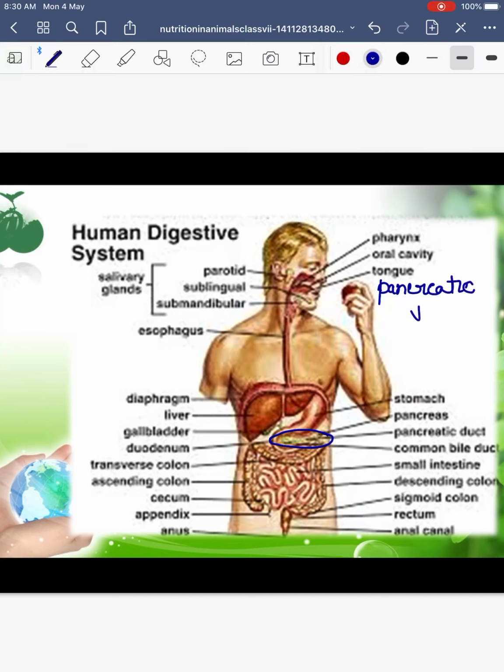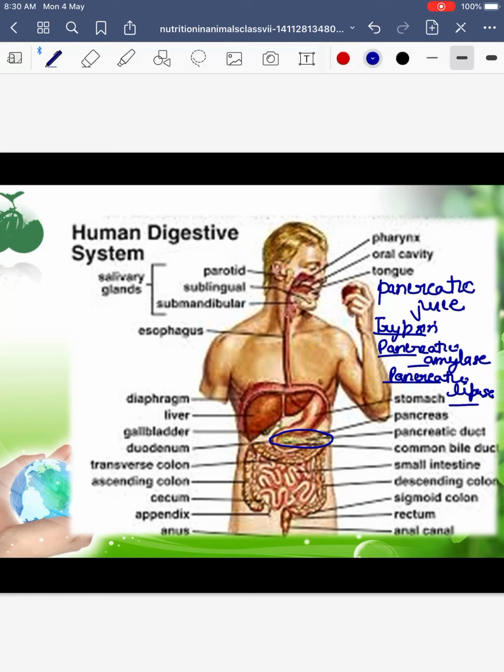Now, this pancreatic juice contains various kinds of enzymes, they are trypsin, pancreatic amylase, and pancreatic lipase. These are the three enzymes which are secreted by the pancreas.